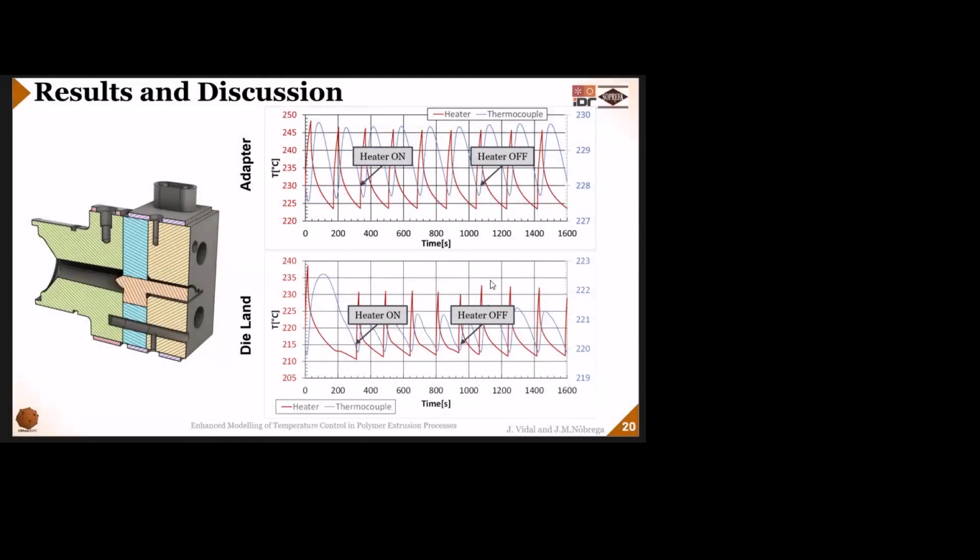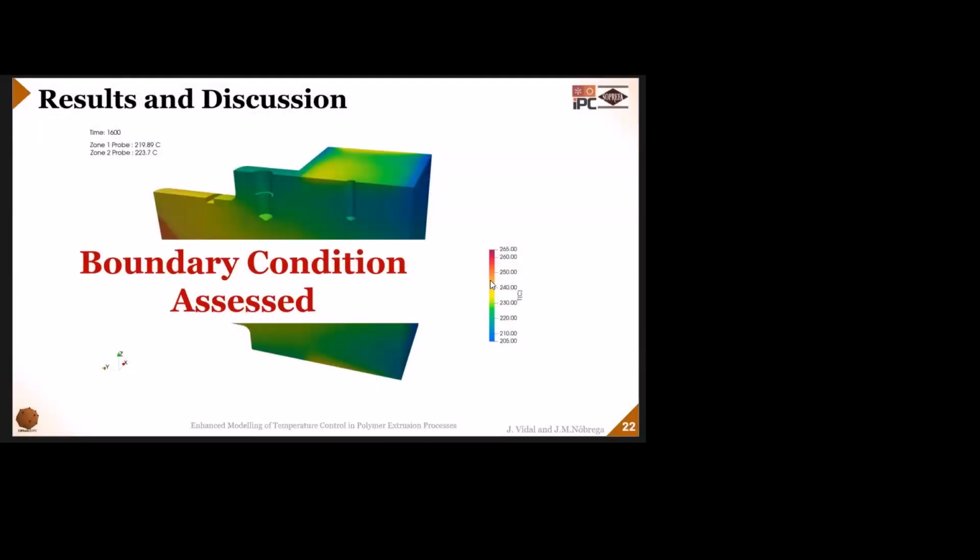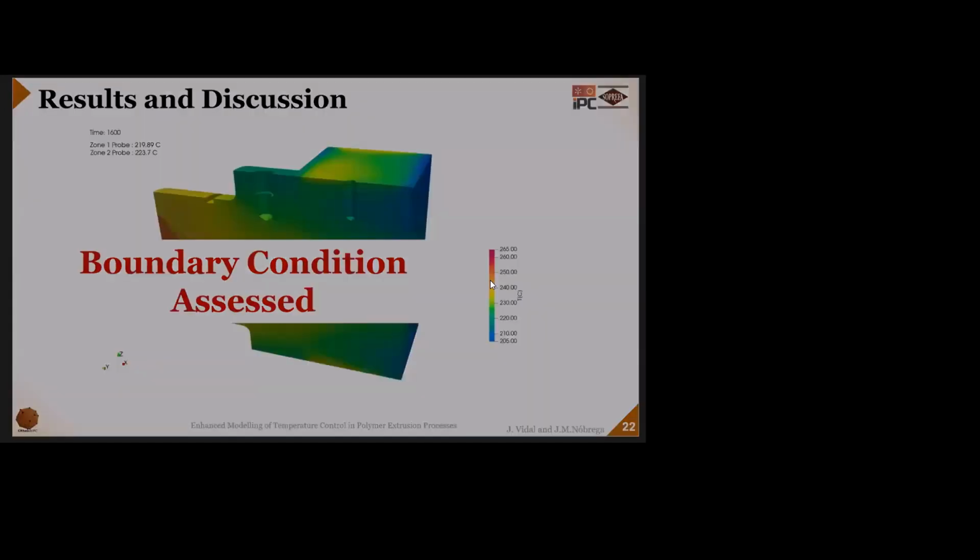So after this, we need to validate our boundary condition, and we can see that we are able to get the temperature feed from the thermocouple, and the boundary condition is working as expected. When the temperature goes below the set temperature in the controller, the heater turns on and the temperature goes up. So we were able to assess this boundary condition.